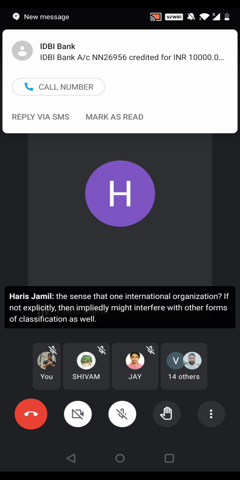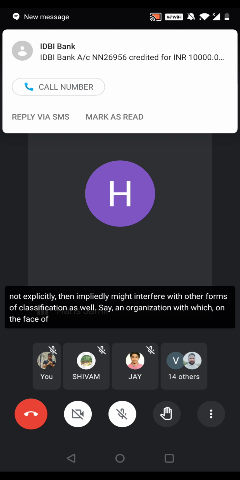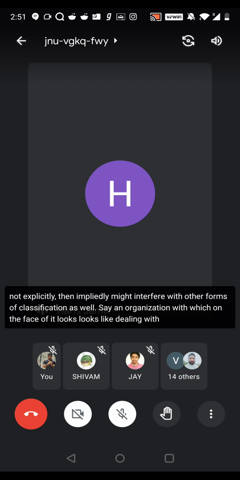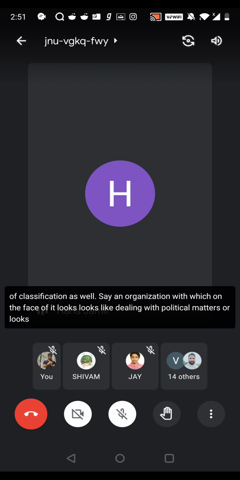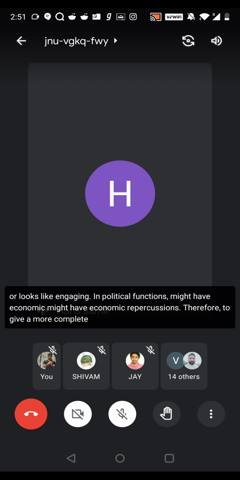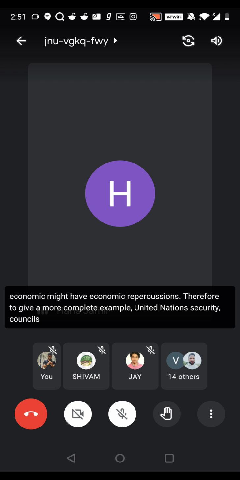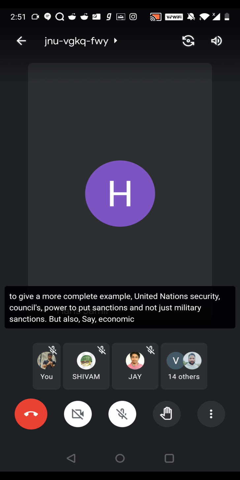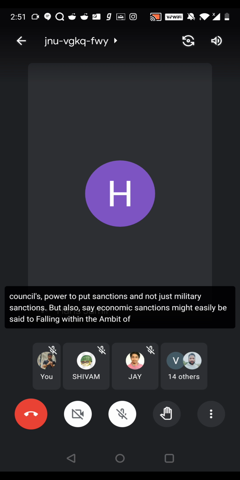Say, an organization which on the face of it looks like it is dealing with political matters or engaging in political functions might have economic repercussions. To give a more concrete example, the United Nations Security Council's power to impose sanctions, and not just military sanctions but also, say, economic sanctions, might easily be said to fall within the ambit of economic affairs.